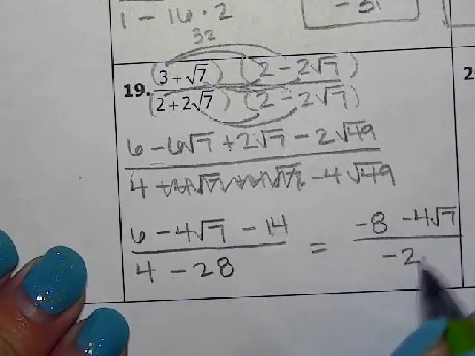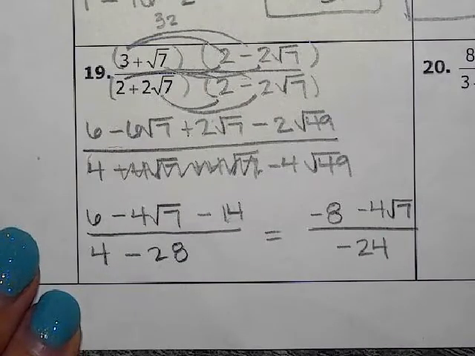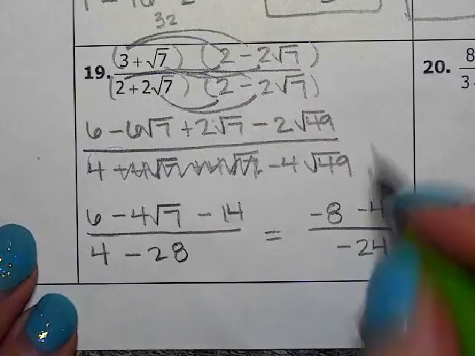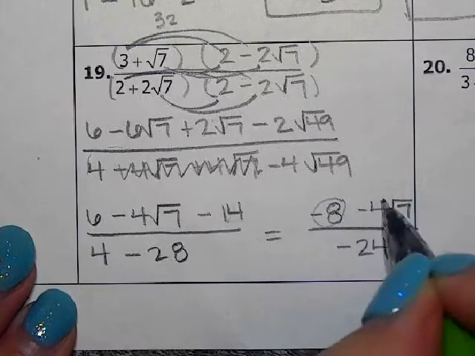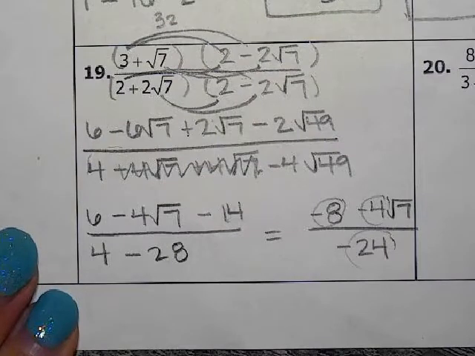Ooh, they gave us one that could be reduced. So negative 8, negative 4, negative 24, all of those can be reduced by a negative 4. Yep, by a negative 4.